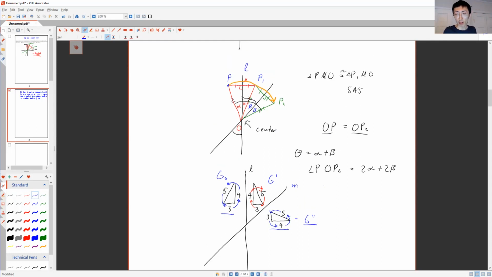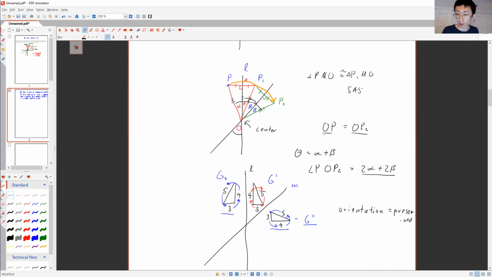So we've proved 3 things. Orientation is preserved by 2 reflections, so 1 reflection followed by another. The angle is twice the angle between the 2 lines of reflection.